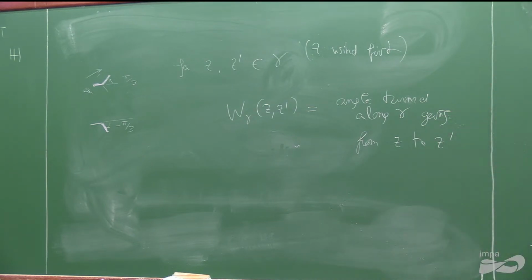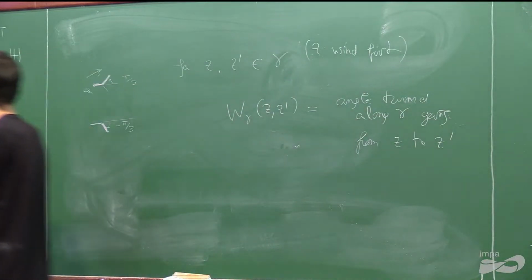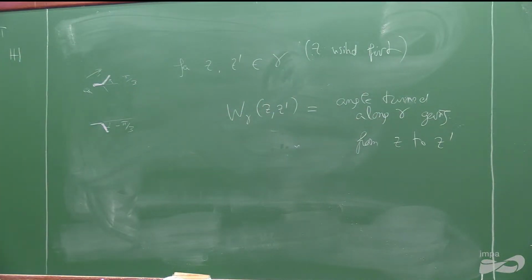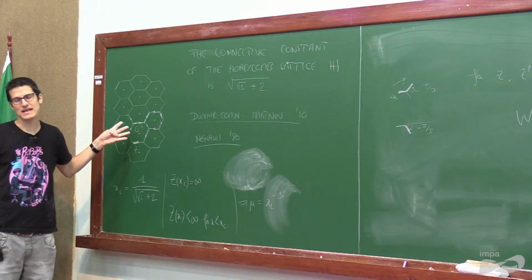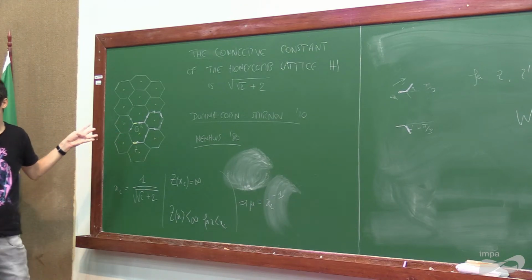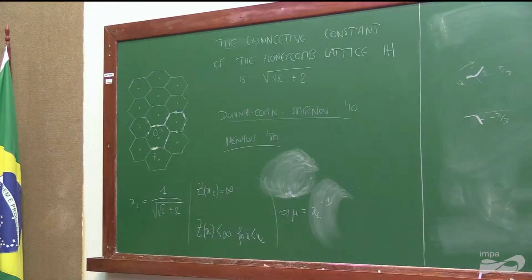Okay, and now I've just computed this angle by following all of the steps. And what's kind of nice is that actually you don't really have to do this to compute the winding number.